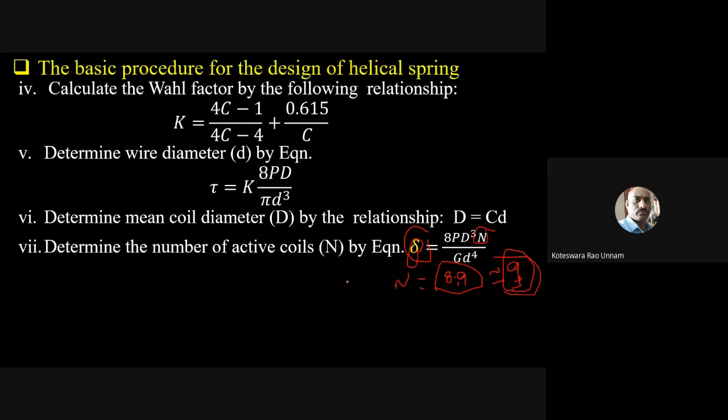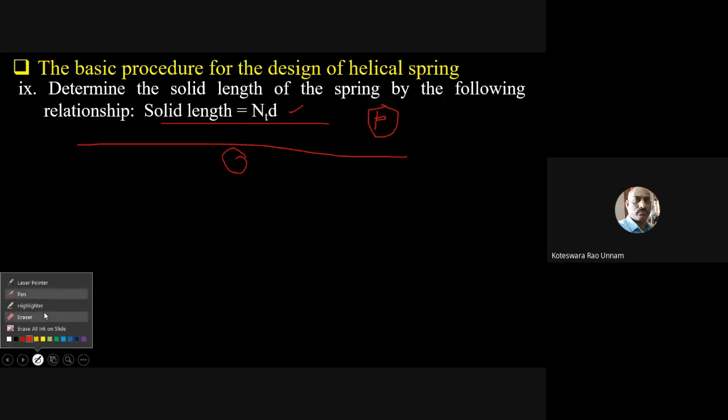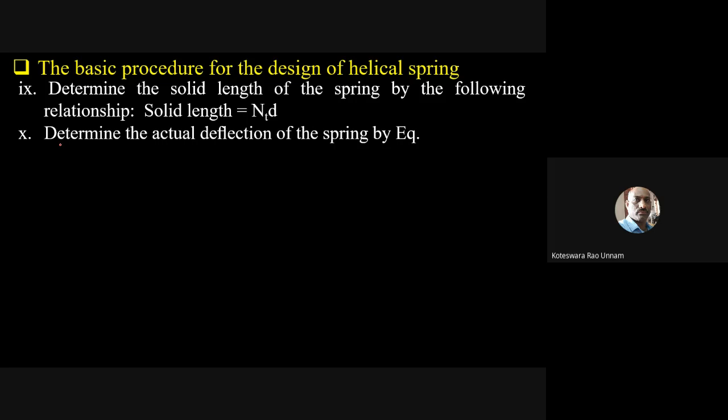That slight variation I need to use in calculating the free length. That's why we need to determine the axial deflection of the spring. We take the design parameters, capital D, small d and n, and based on those parameters you calculate the deflection. We call that the actual deflection.